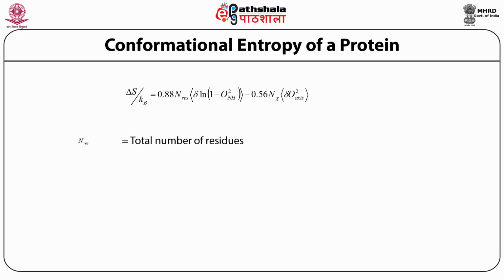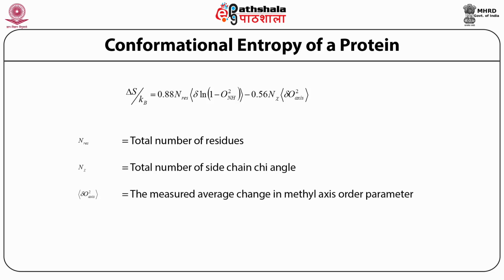N res is the total number of residues, N chi is the total number of side chain chi angles. The average of delta O axis square is basically the measured average change in methyl axis order parameter, and delta ln 1 minus ONH square is the measured average change in amide order parameter.